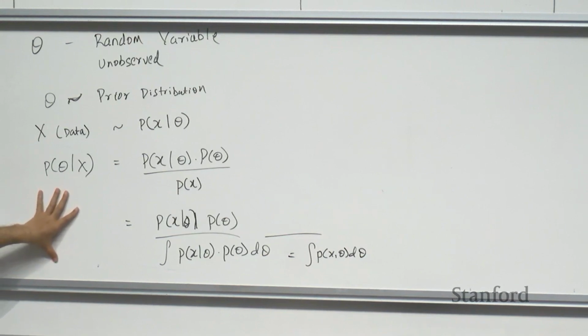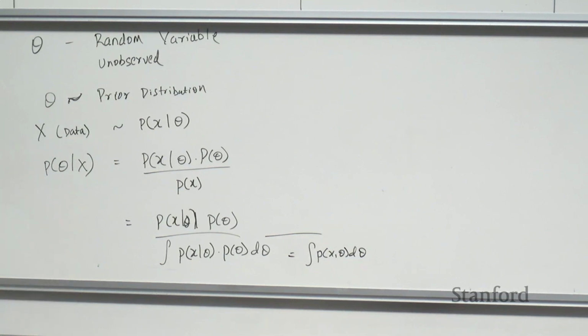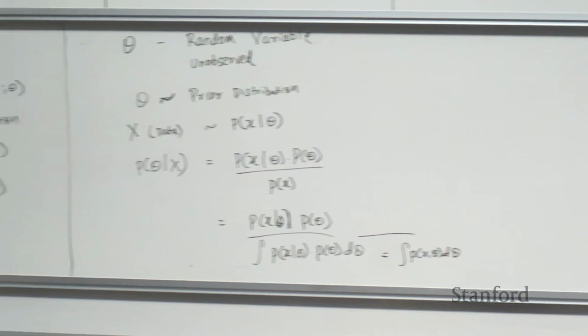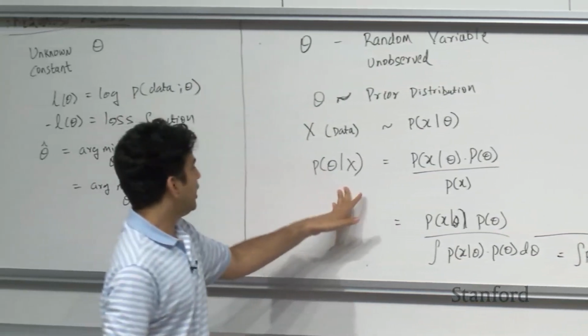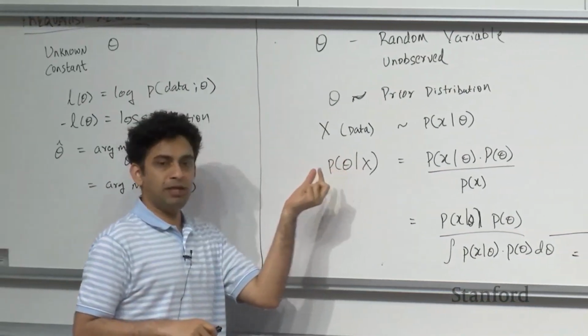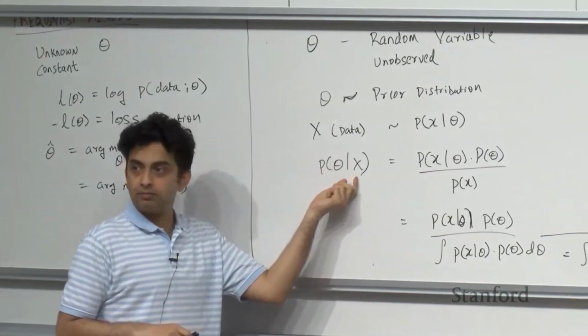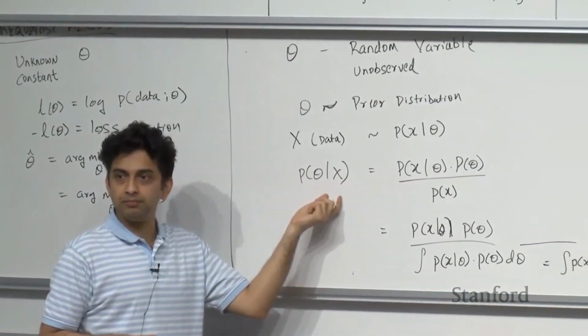So in the Bayesian approach, there is no loss function, right? We don't take maximum likelihood estimates. We don't calculate gradients. We don't do gradient ascent or descent. There are no closed form MLE estimates. All we do is apply Bayes rule and update our beliefs about theta given x, given the data, right?